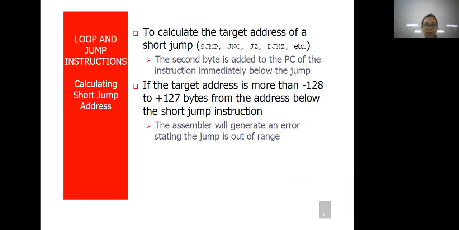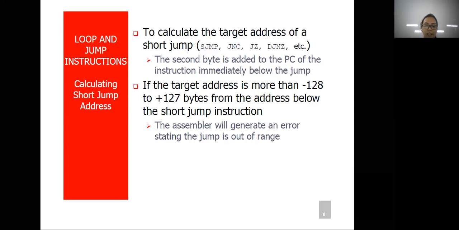If you want to calculate the target address of a short jump, then the second byte is added to the program counter address of the instruction immediately below the jump.